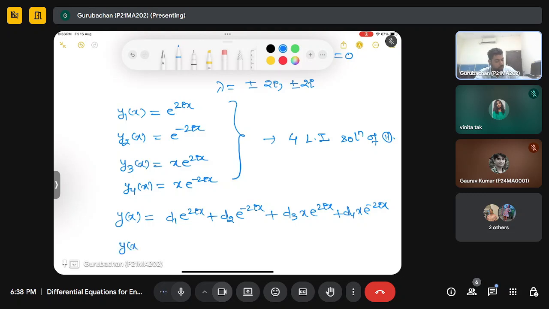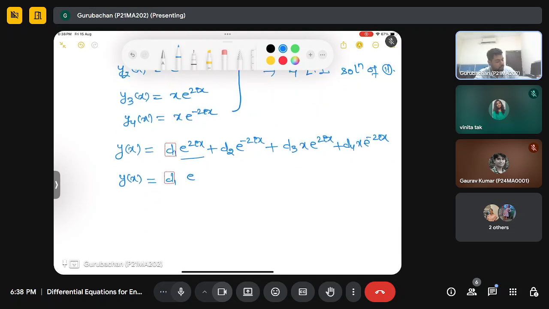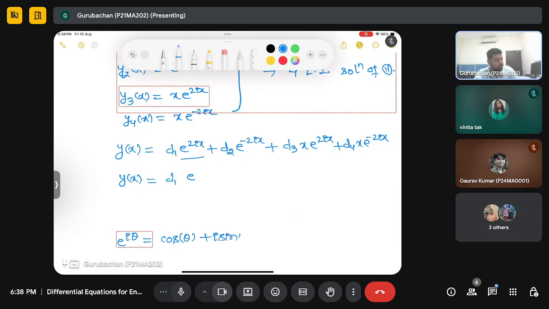If you solve it a little, you will get e^(2ix) = cos 2x + i sin 2x. I am just giving the reasoning here: e^(iθ) = cos θ + i sin θ.